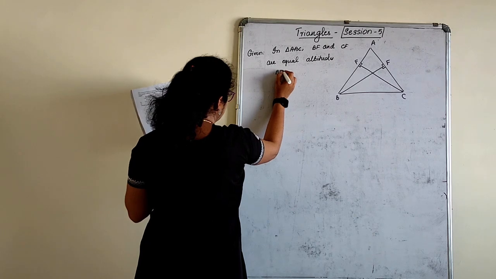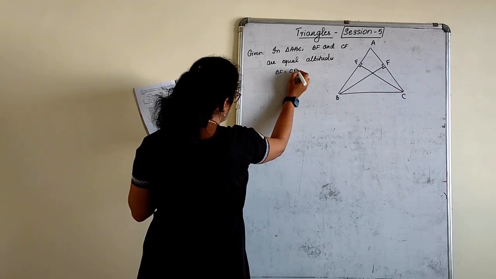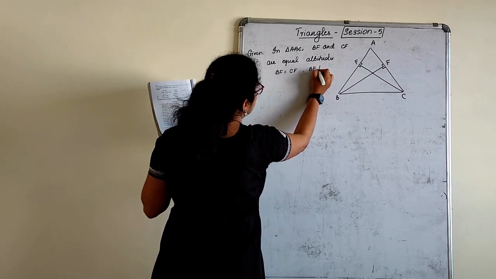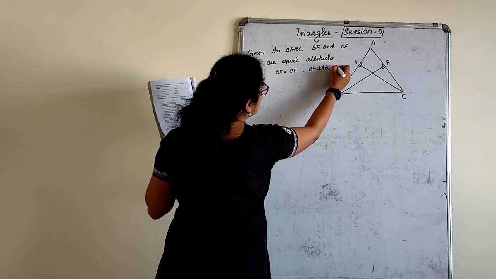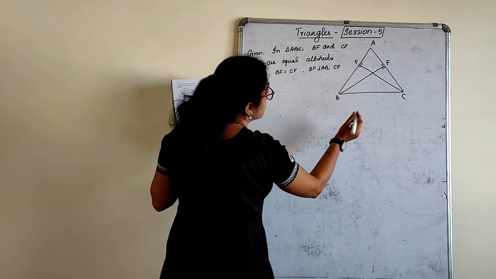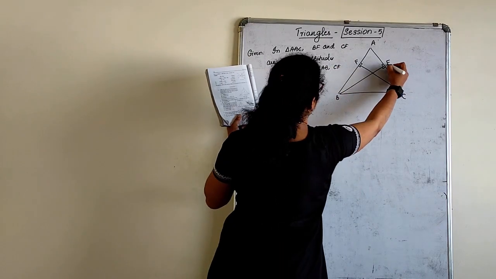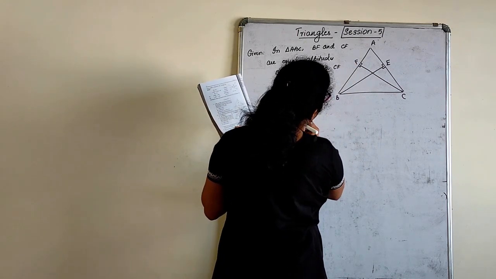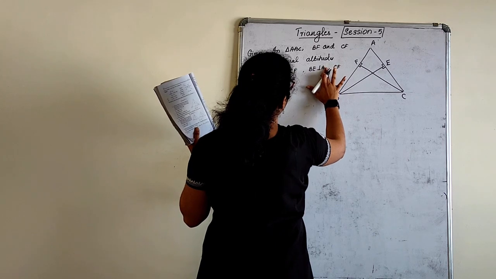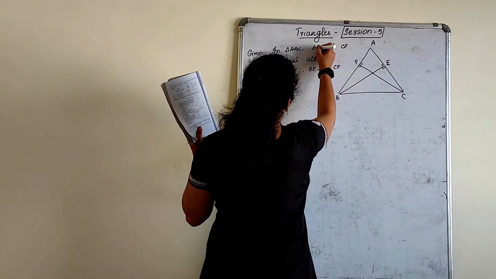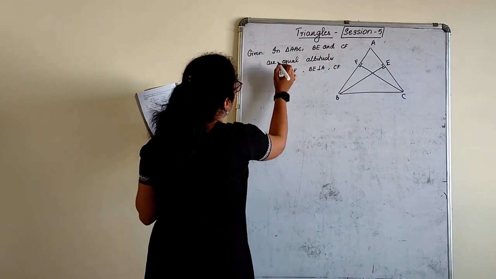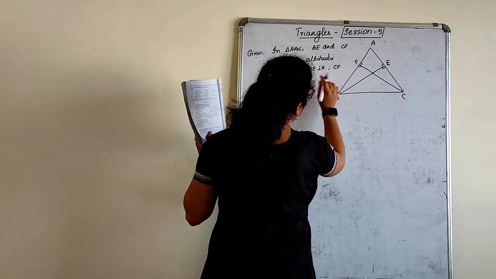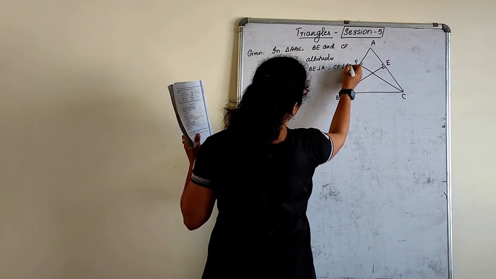That is, BF is equal to CF. You can also write that BE perpendicular to AC, BE and CF, right children? BE and CF are the two equal altitudes. BE is equal to CF, BE perpendicular to AC and CF perpendicular to AB.